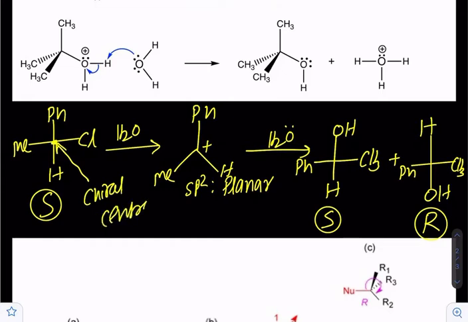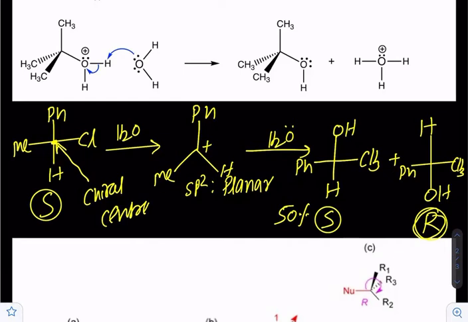If you are generating a chiral center, you are going to get something called a racemic mixture of enantiomers, or of stereoisomers at that location, which means 50% of the resulting molecules will be S and 50% will be R. So that's something to be mindful of.